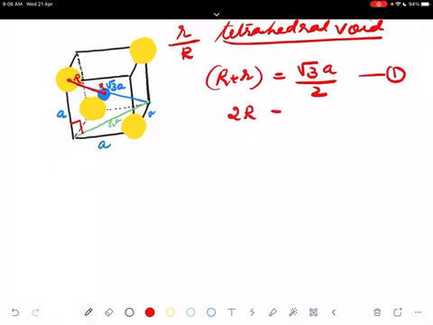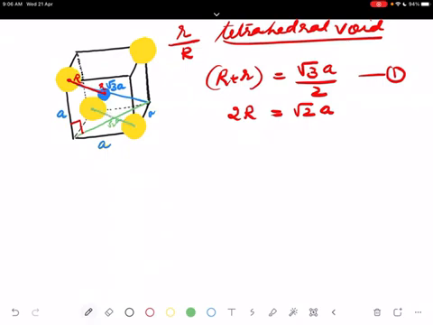2R is equal to what is the length? Root 2a. That is the face diagonal. Face diagonal is root 2a. That is the same length as that of the green line. So that green line I can show over here from its center to its center.